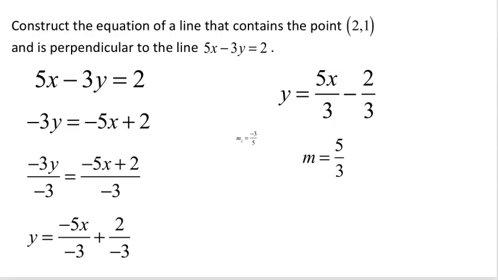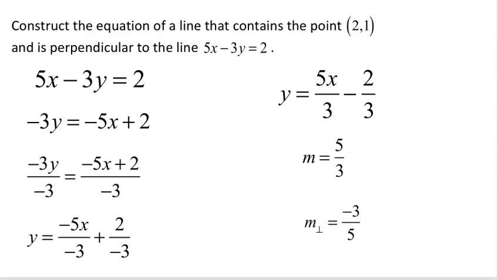We want a perpendicular line, so we're going to go ahead and take the negative reciprocal. So flip the 5/3 upside down to give me 3/5 and change the sign. So the reciprocal with the sign change is negative 3/5. That will be for our perpendicular line.